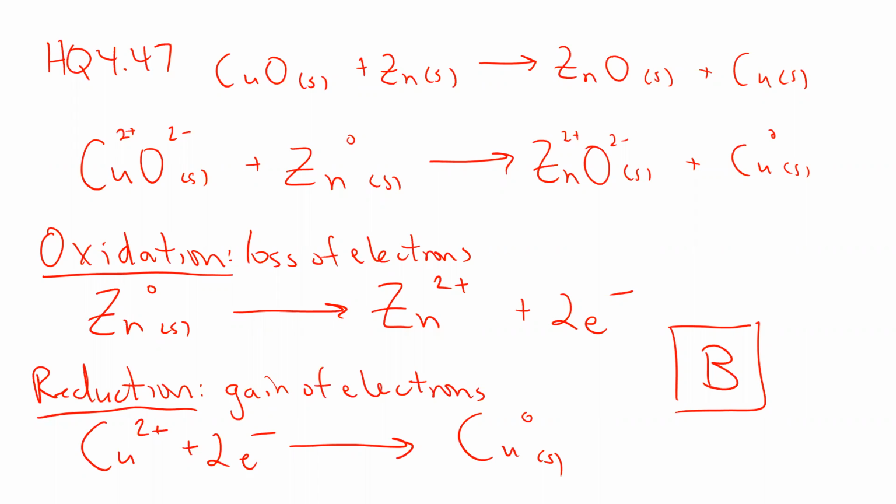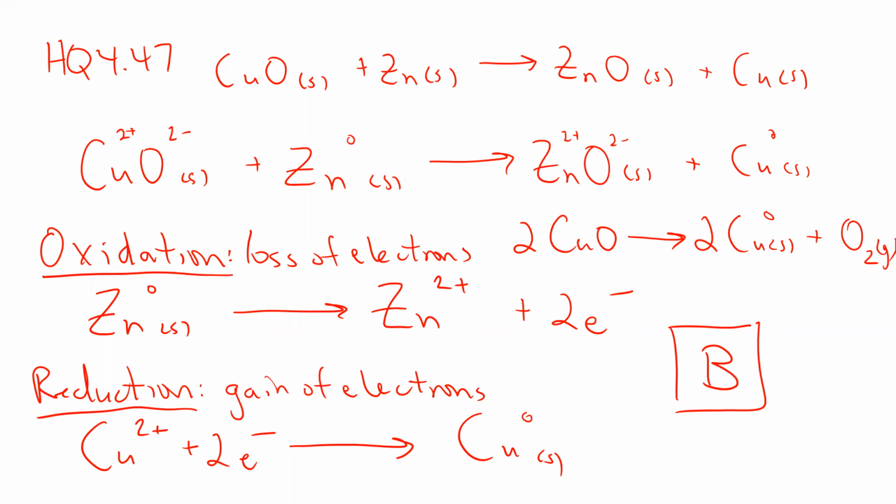There could be a case where we see something go from, let's say we heated copper oxide. Let's say we heat that up and that breaks down to give us 2 moles of solid copper and oxygen gas.